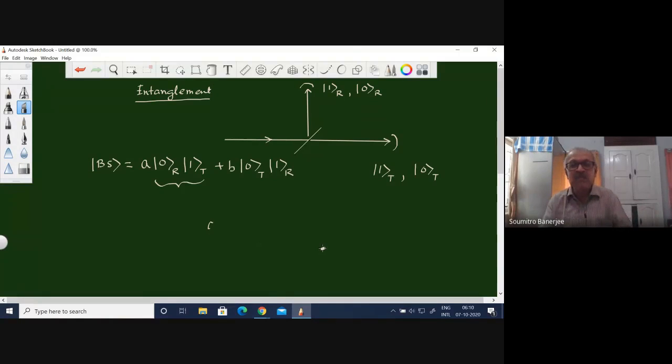Then only the total momentum will be conserved. Now, you do not know in which direction the alpha particle went, and therefore you do not know which direction it recoiled.